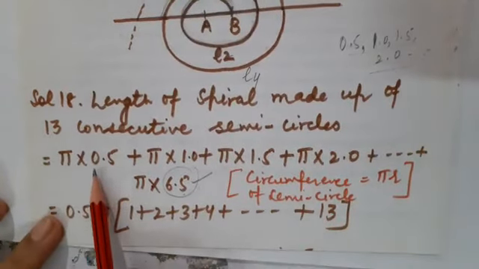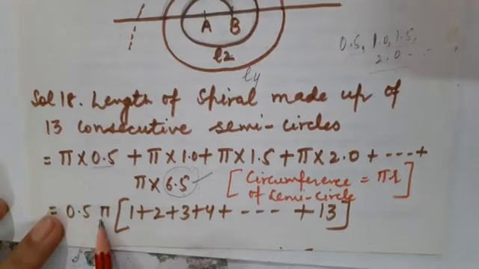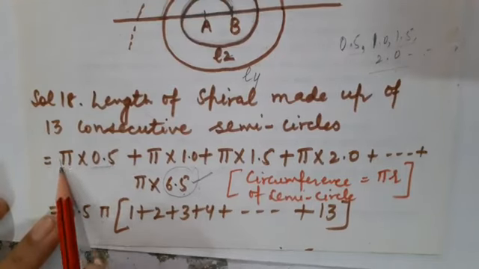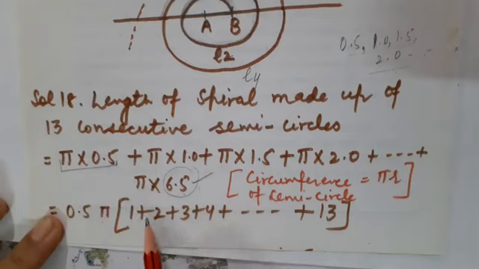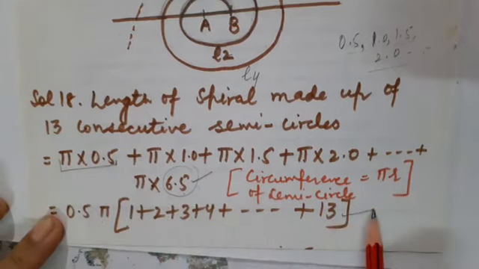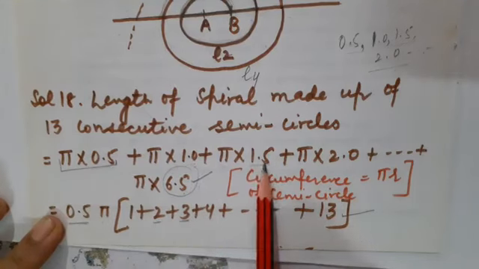Now children, I am going to take 0.5 into pi as common. So what will I be getting over here? It would be 1 plus 2 plus 3 and going on up to 13. Just check. When you multiply 0.5 by 2, you get 1.0. When you multiply 0.5 by 3, you get 1.5.